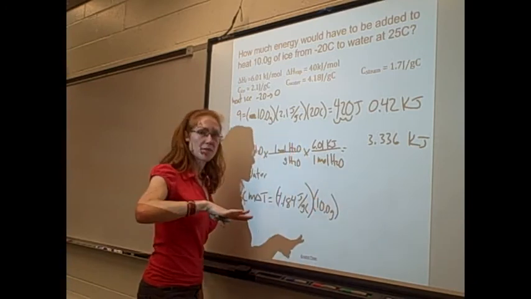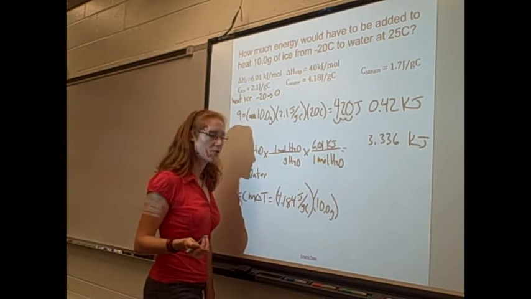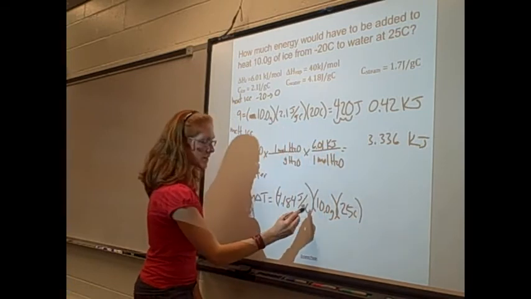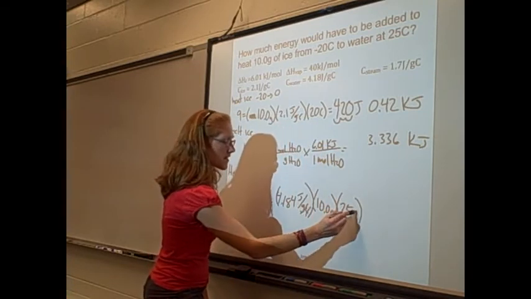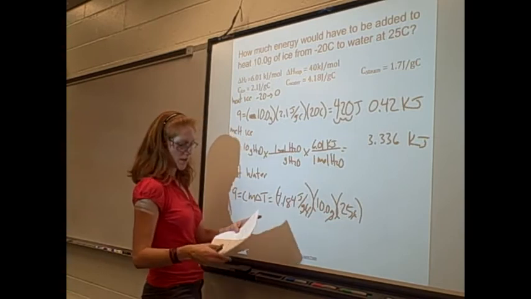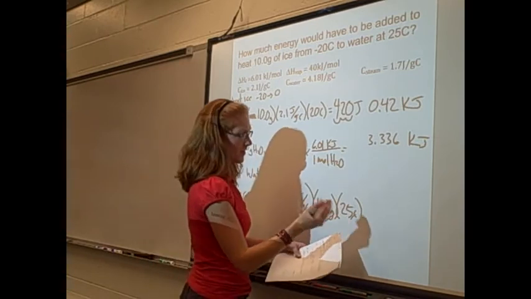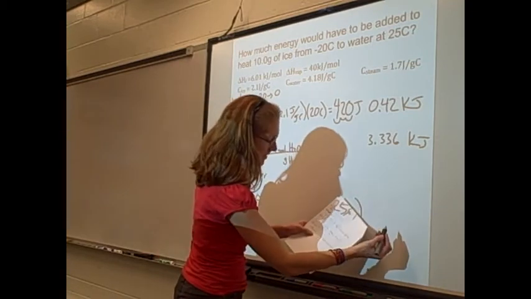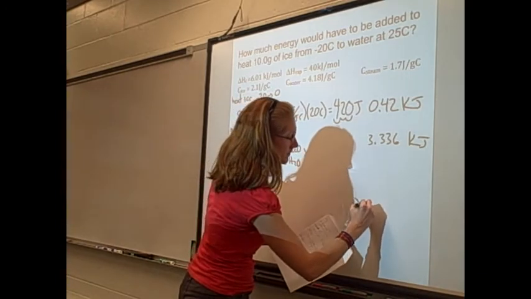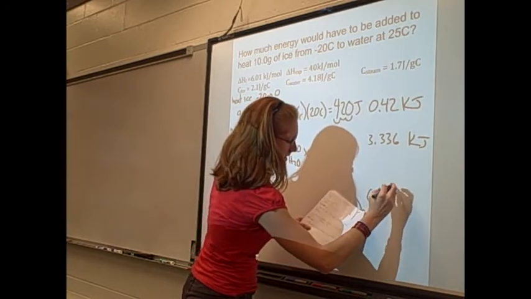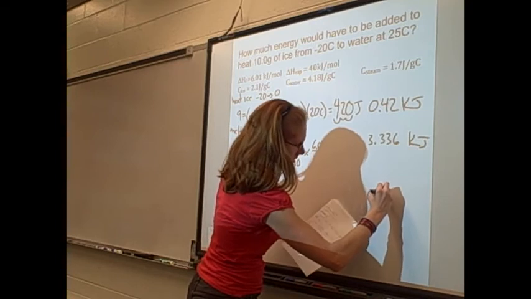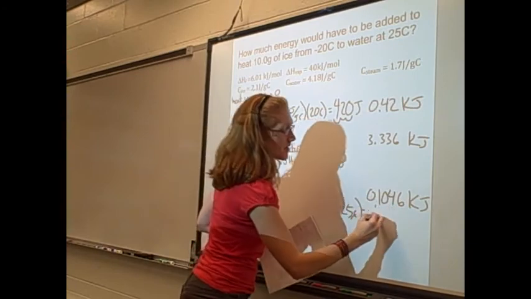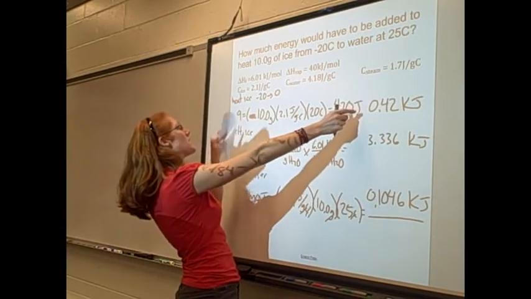And the change in temperature is from 0 up to 25. So final minus initial, it's going to be 25. And I can see grams and Celsius cancel out. I'm left with joules. And I'm going to turn it into kilojoules, by the way. So I'll take this answer and divide it by 1,000 to turn it into kilojoules. And I get 0.1046 kilojoules.